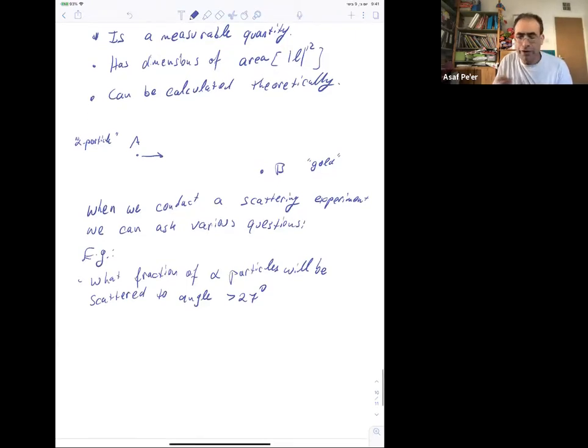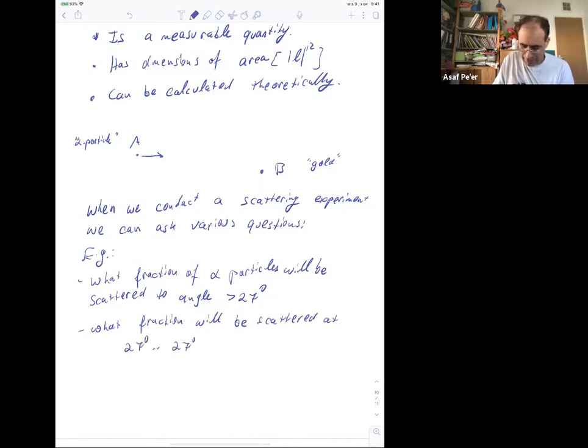What fraction will be scattered at some range of angles, right? 27 to 27 plus delta theta, whatever, right?